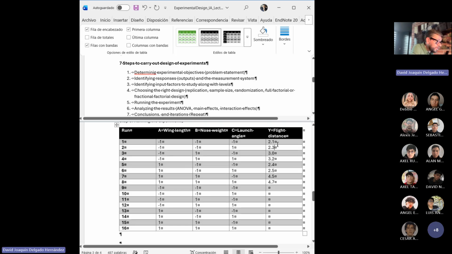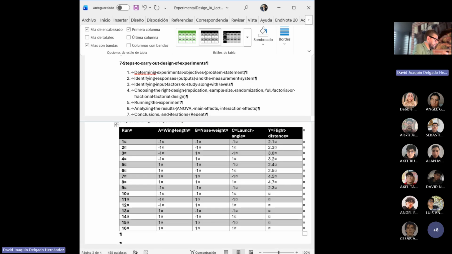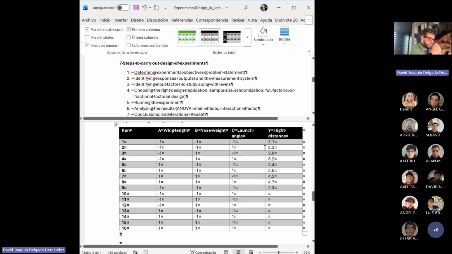So sorry, let me put this well. This is 2.1 and 9 is 2.3. Sorry, 2.3. Let me put it again. So I am going to put 1 and 1, 1 and 1. So 2.1, 2.3. Okay.